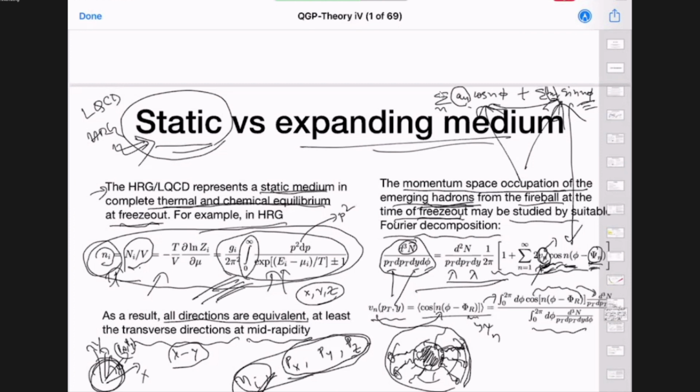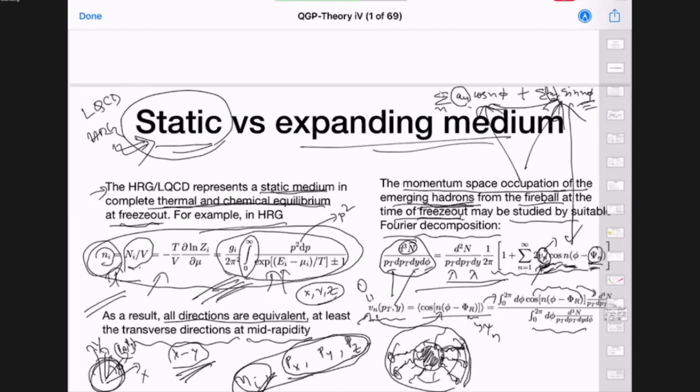So here x and y are equivalent, and all such expansion coefficients should give you zero, because it is independent of phi. It does not have any azimuthal dependence. So if it is indeed this kind of a medium at freeze out, then we should get zero Vn's.